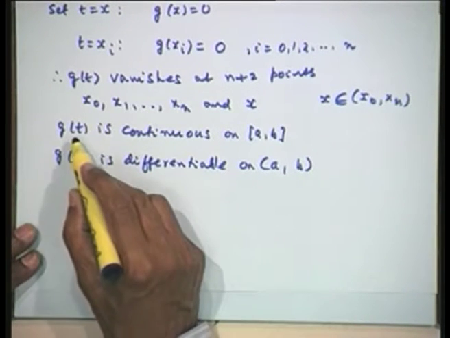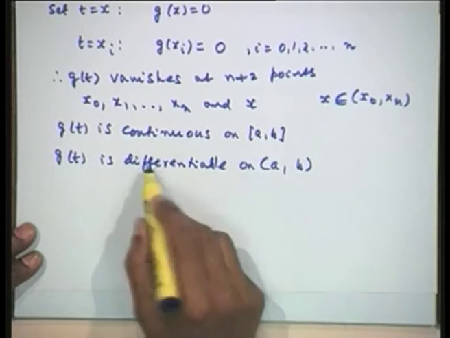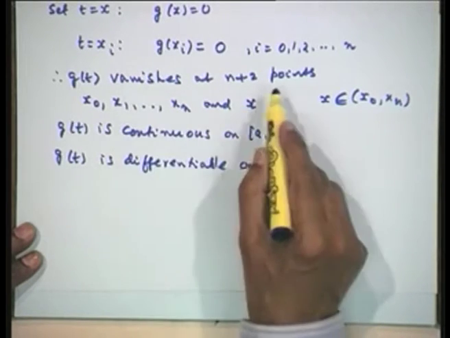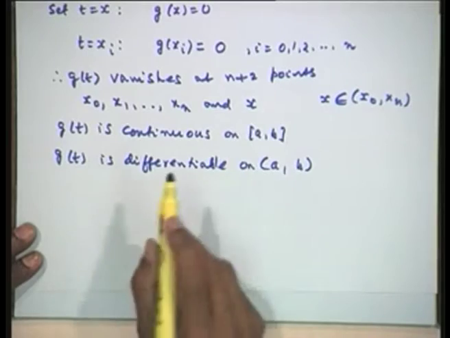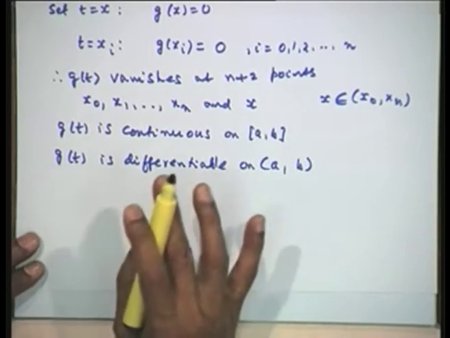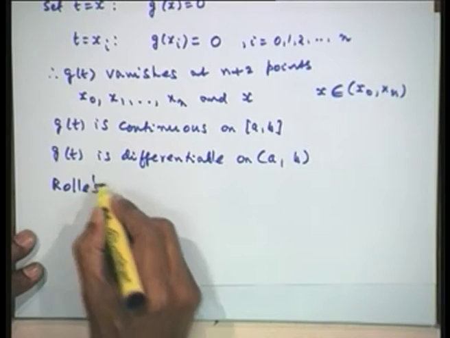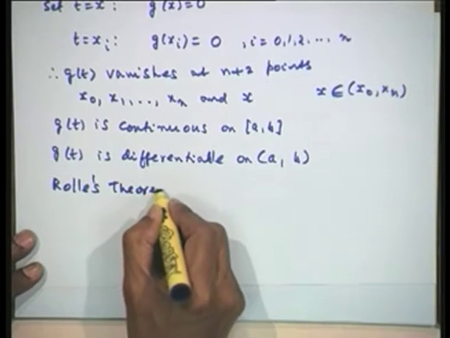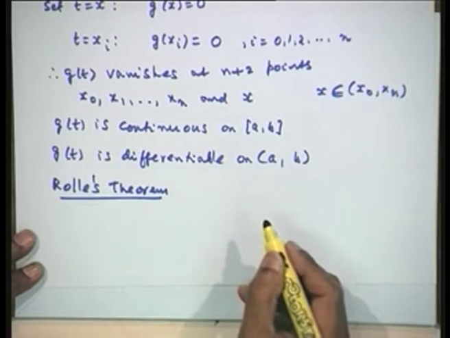Now, I have a function g(t) which is continuous on [a, b], differentiable on (a, b) and vanishes at n plus 2 points. I would like to apply a theorem which you have studied in your first semester, that is Rolle's theorem. What is Rolle's theorem?